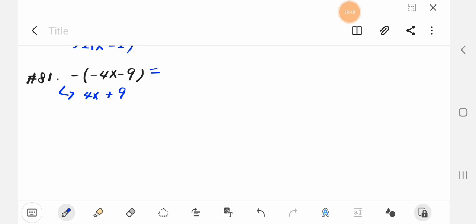Or you can do it this way. Multiply negative 4x by the negative sign, and the negative sign is multiplied by negative 9, so positive 9.